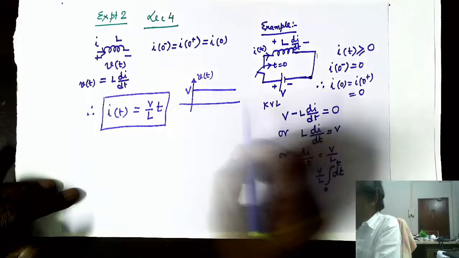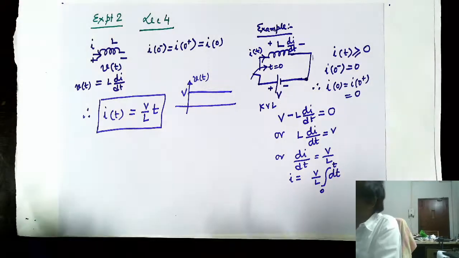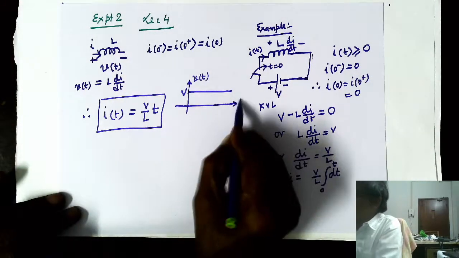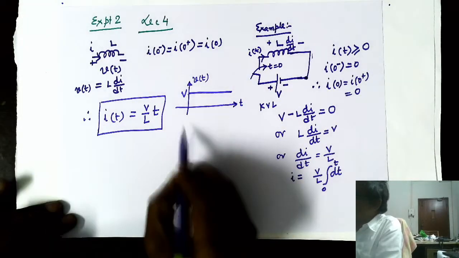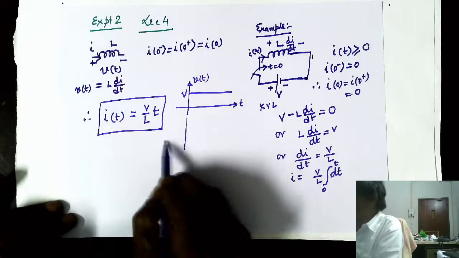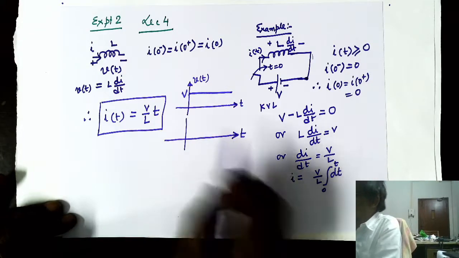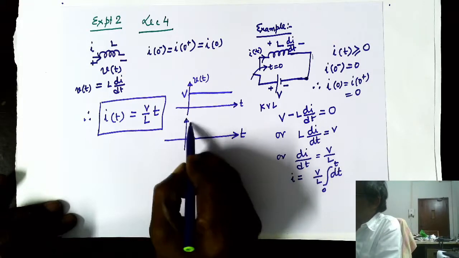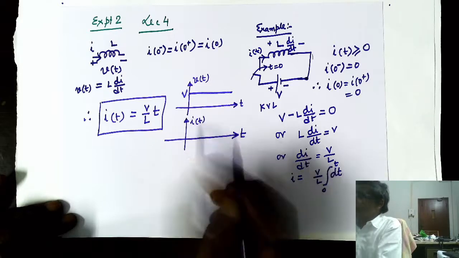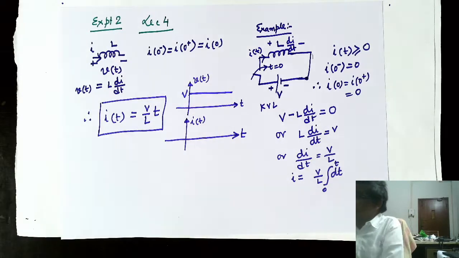It does not vary with time. This axis is time, isn't it? And below this you sketch the current at the same time, and this is i(t).